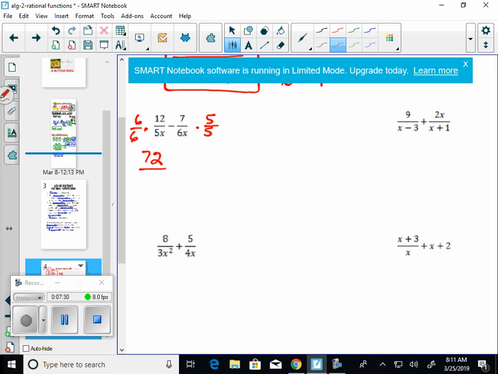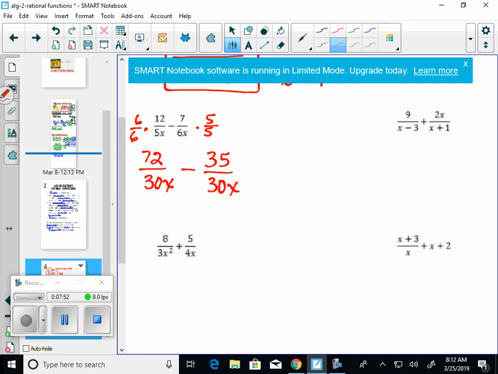And then 6 times 5x is 30x. Minus. Let's do the second one. 7 times 5 is 35 over 6x times 5, which is 30x.